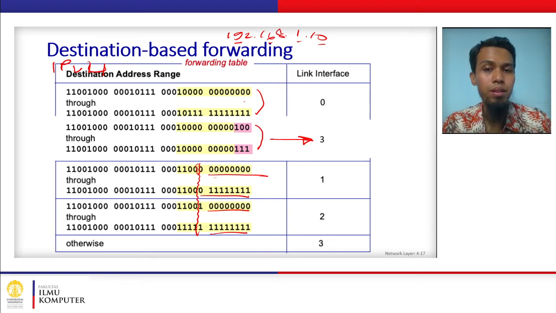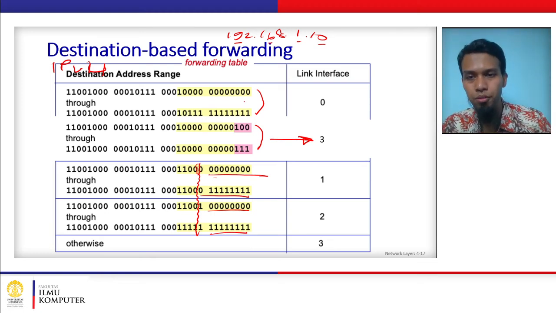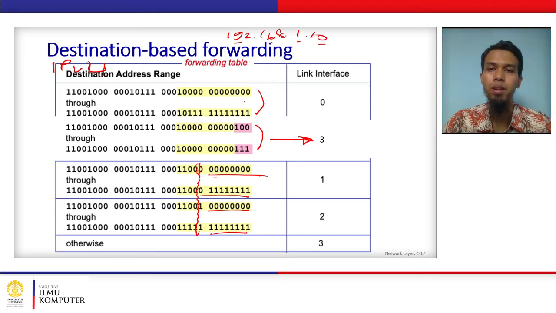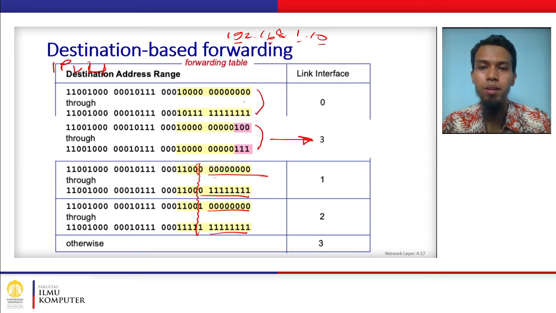Whatever the case, we can still define any IP address range and define the outgoing port for it.